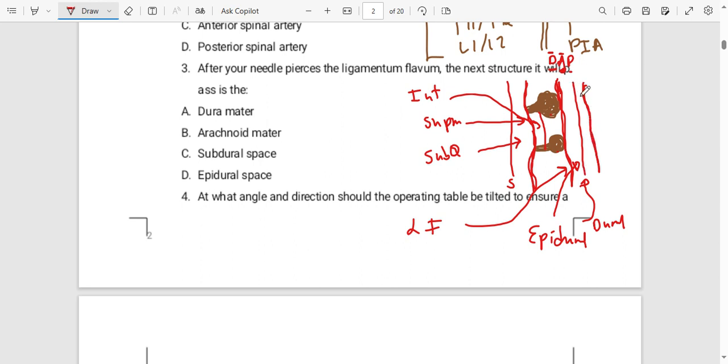Thank you so much. And then below the arachnoid, what is this space going to be? Subarachnoid, isn't it? Yes. So basically, those are the layers. So we are saying that here, after the ligamentum flavum, we have got the epidural.